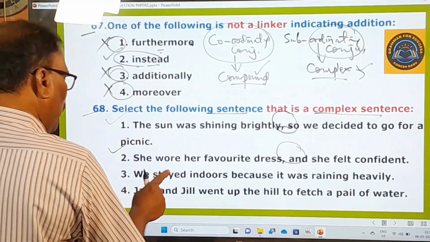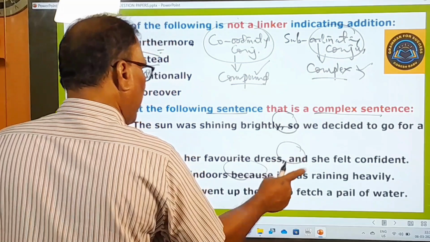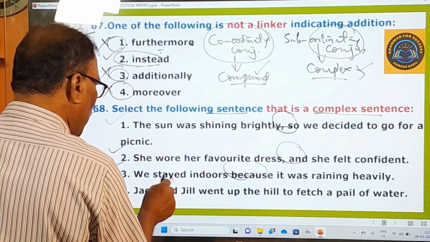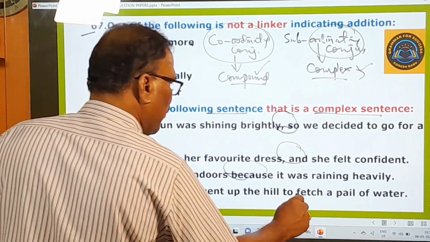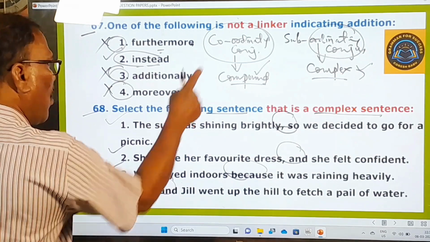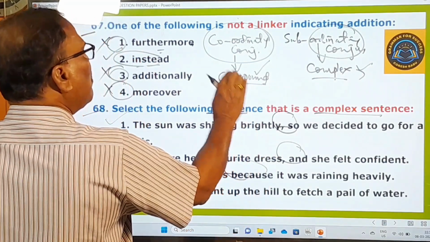And third one, we stayed indoors because, because is a subordinating conjunction, and therefore this third one is a complex sentence. And Jack and Jill went up the hill to fetch a pail of water. So here and is used. Yes, this is a coordinating conjunction, and therefore this is what? A compound sentence.